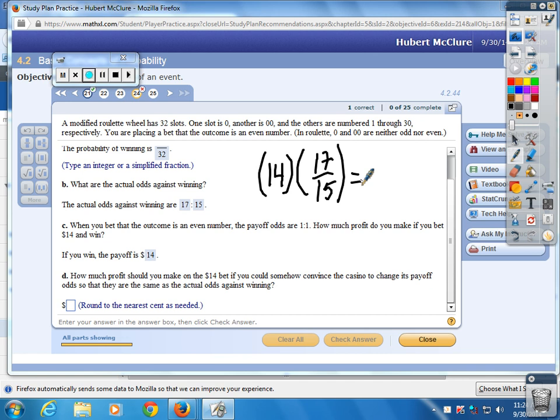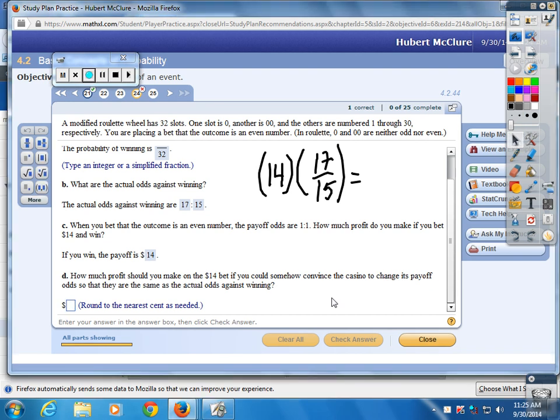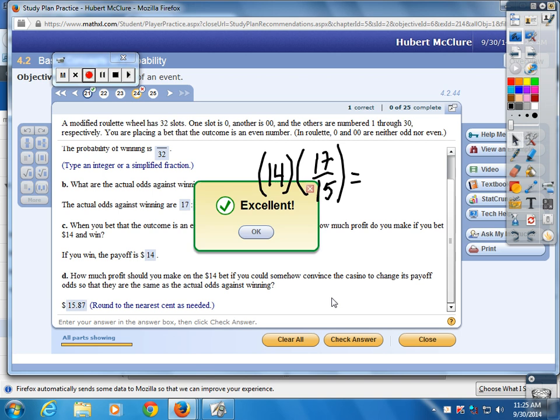Somebody give me that number. What is it? 15.87. So you won what? $1.87.